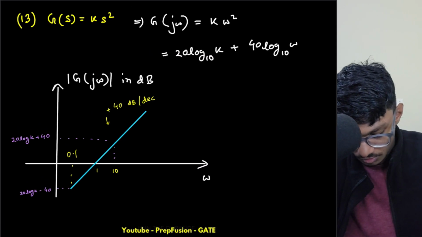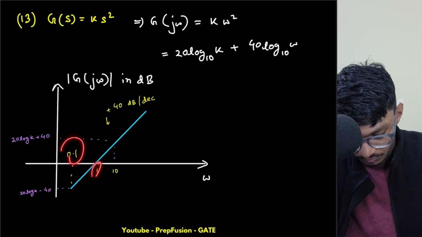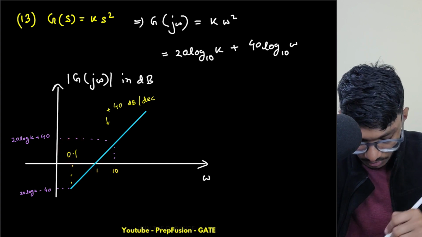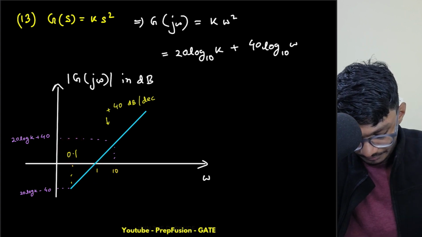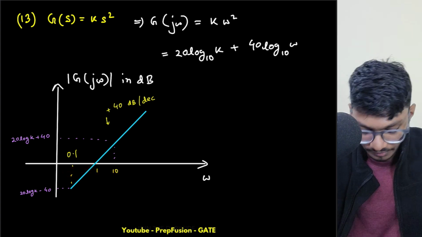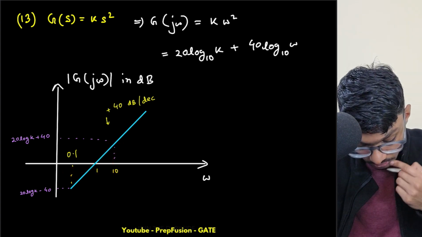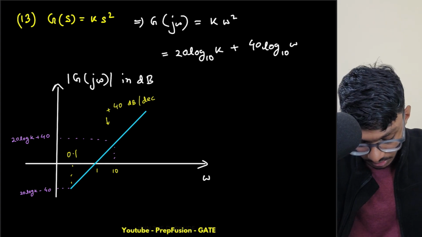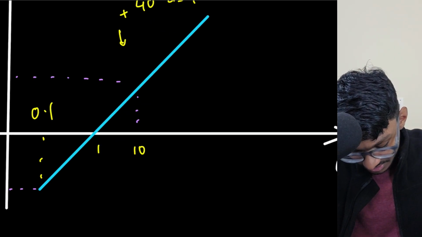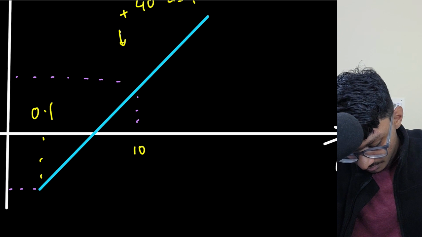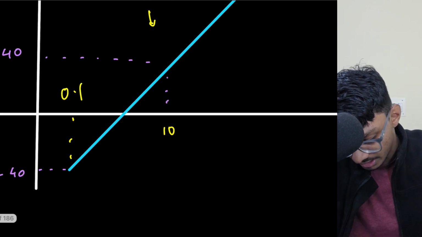Basically, every decade we are moving, it is moving up by 40 dB, right? Sorry, this is not 1 actually, I'm really sorry. So 1 can lie anywhere.